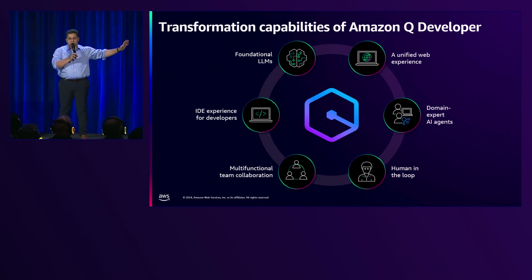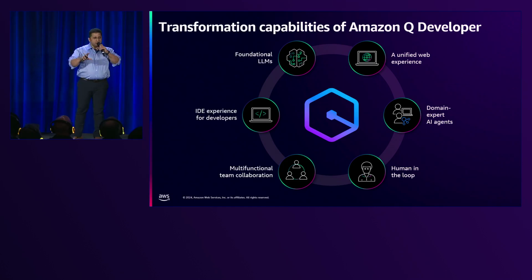There are many capabilities here, but we think of this as a centralized experience to meet all your migration and modernization needs. Key things are, we have trained this service on years of experience of doing migration and modernization.